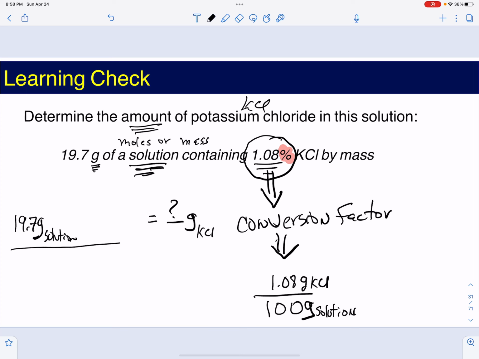Since we have a conversion factor, we are looking for the KCl, so we need the grams of KCl, and we care less about the grams of the solution, right? Because we want to be able to cancel that, and that's going to be nothing more than 100 down here and 1.08 there.